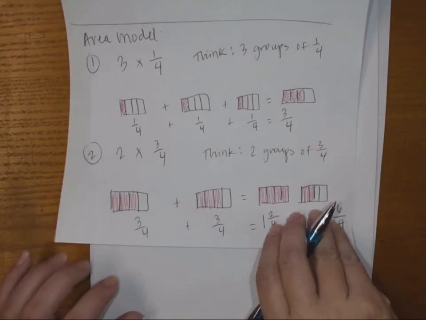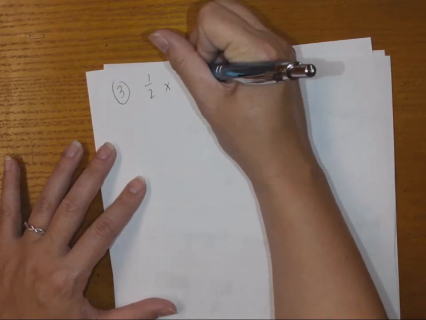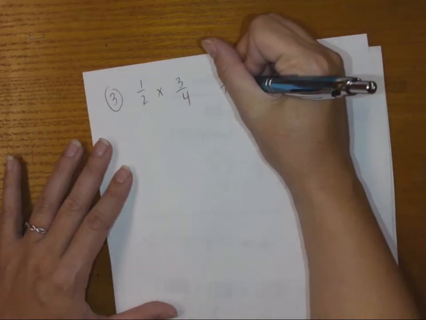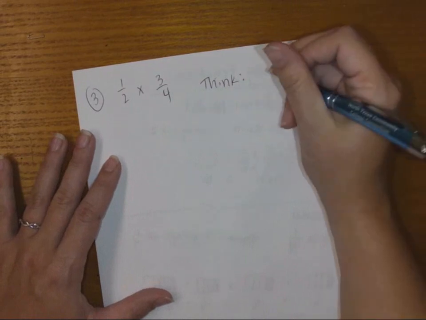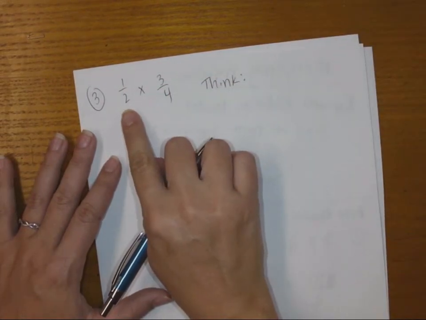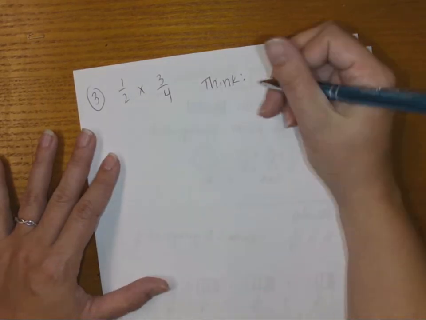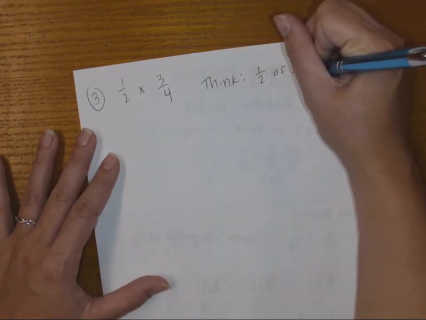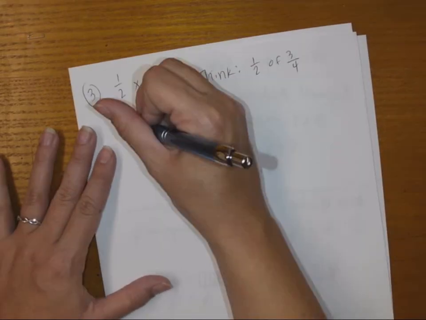Now let's talk about doing a fraction times a fraction. So if my problem was 1/2 times 3/4, my thought process here is, instead of having multiple groups of 3/4, this time I'm going to have half of a group of 3/4. So I'm thinking, what is 1/2 of 3/4? Okay, so what I'm going to do is I'm going to draw 3/4.